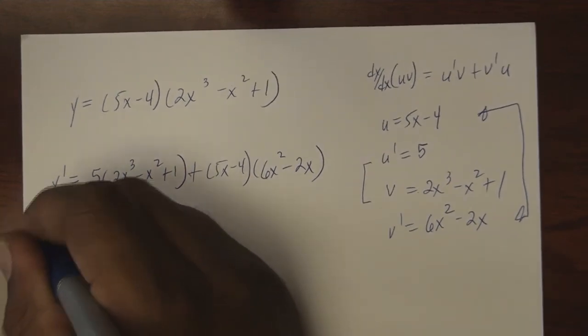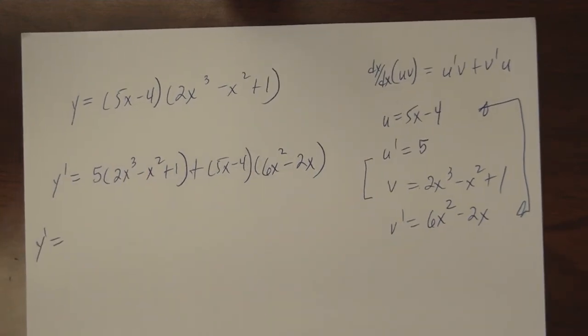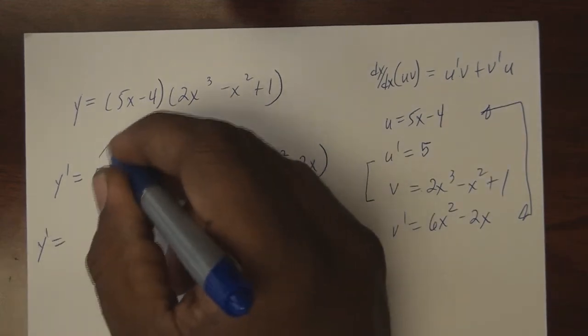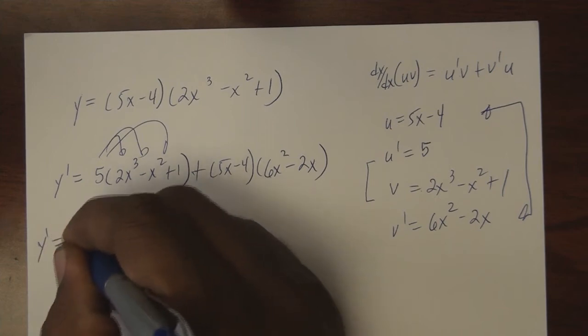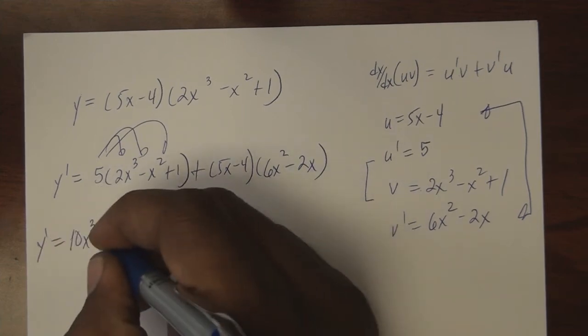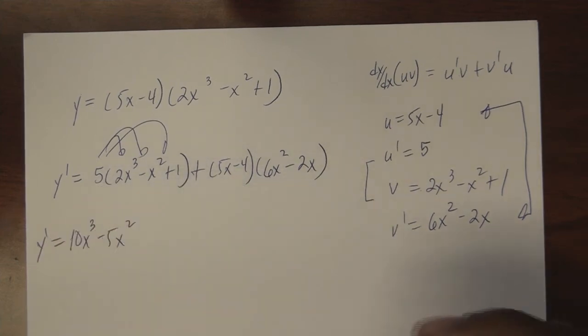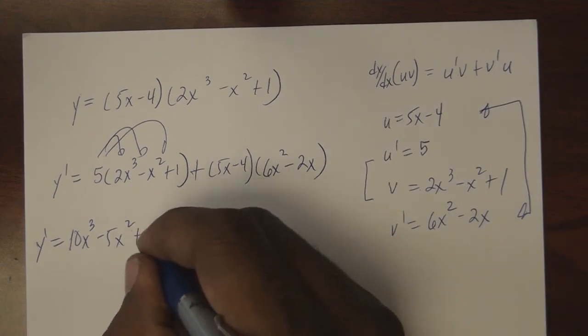So now we'll simplify our expression. So here I'll distribute 5. So we have 10x to the third minus 5x squared plus 5.